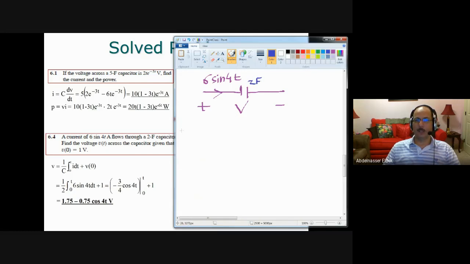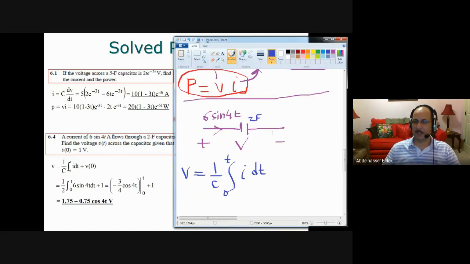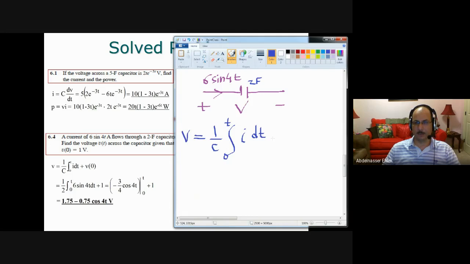Then according to the relation which I gave you before, V equals 1 over C times the integral from 0 to t of I dt. In the previous lecture, I said this is V_C and I_C, the current in the capacitor and the voltage across the capacitor.